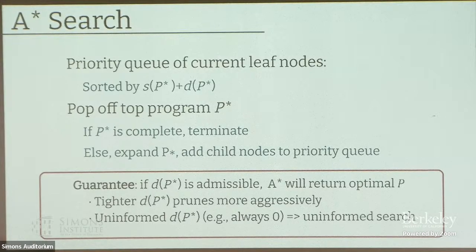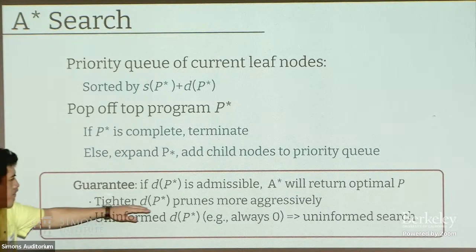And so, again, this is a guarantee under this very strong assumption about the expressiveness of your neural networks and your ability to actually search over that space. But if that is satisfied, then this will actually return the optimal program.